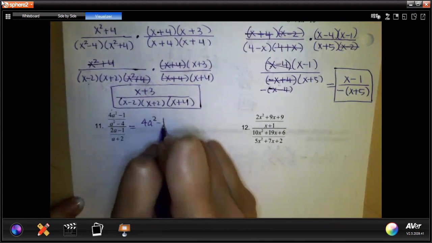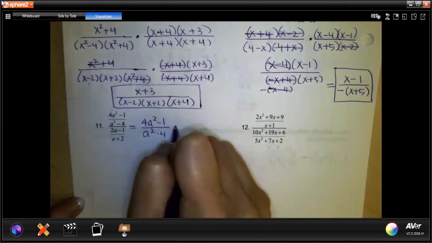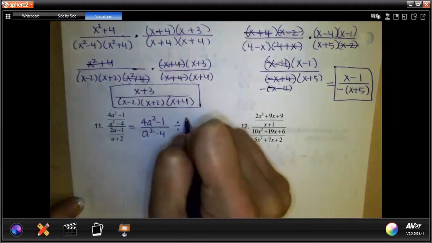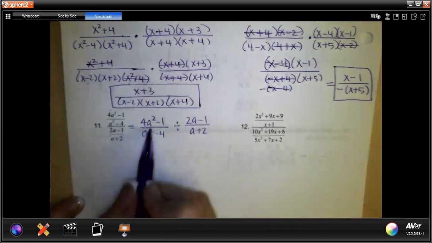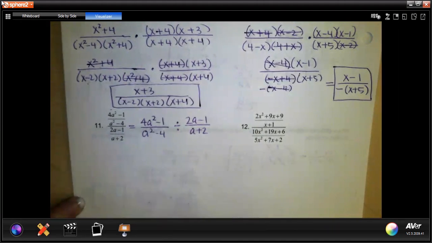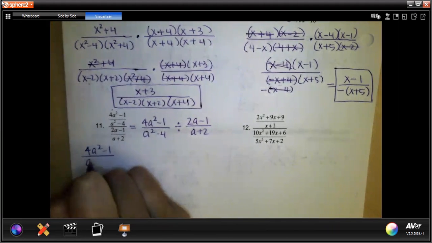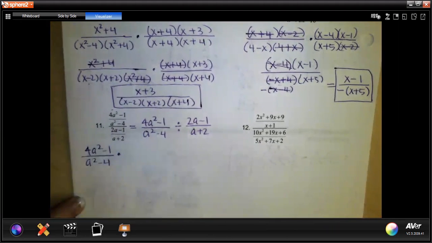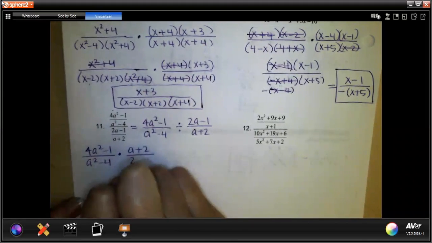So that's 4a squared minus 1 over a squared minus 4 divided by 2a minus 1 over a plus 2. Those two are exactly the same thing. They're just written a little bit different. We still keep the first fraction, change to multiplication, and flip the second fraction.